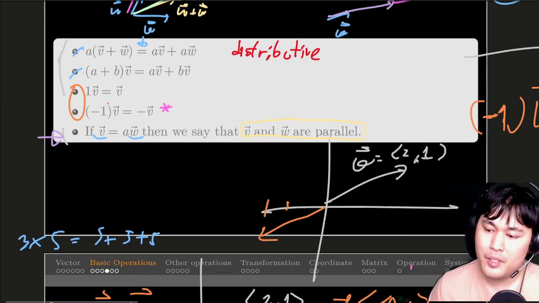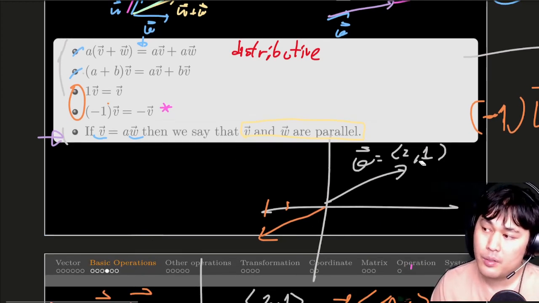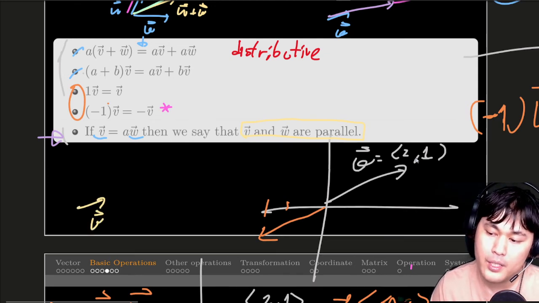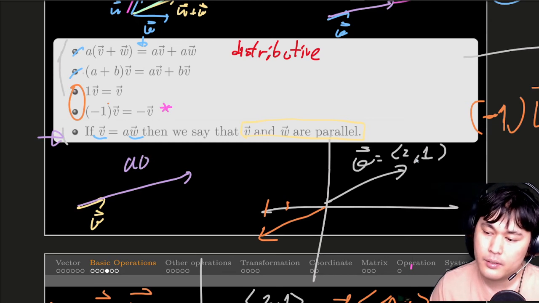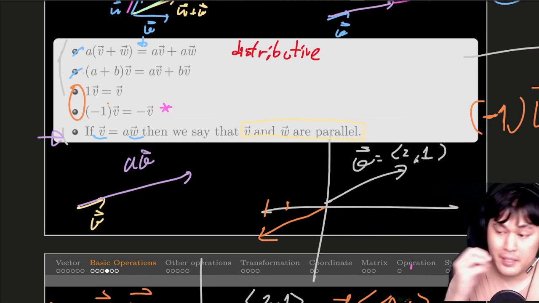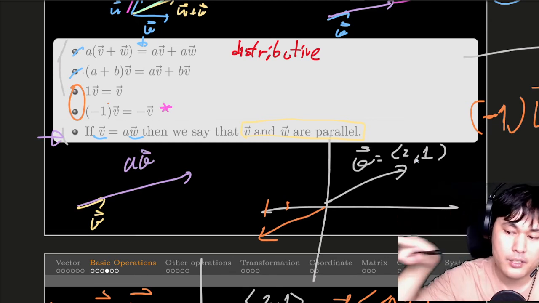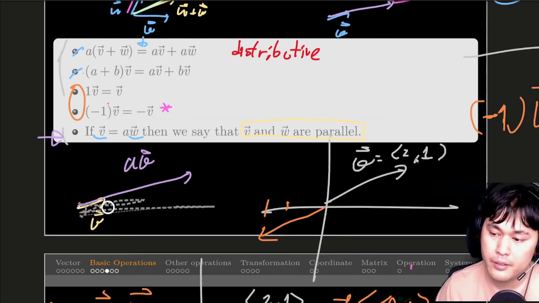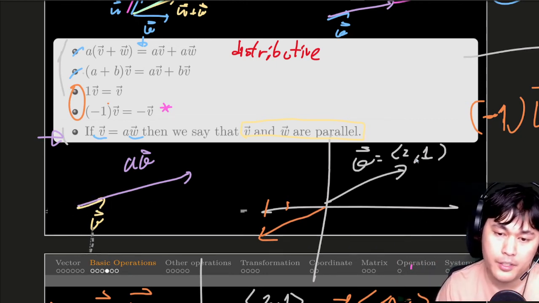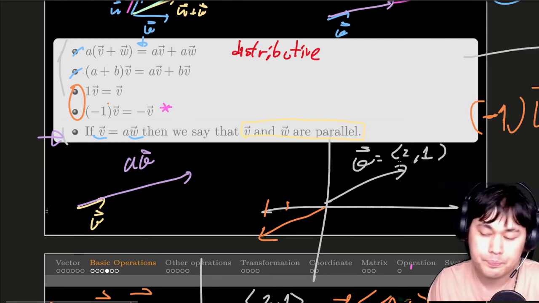This makes sense, right? If you start from v and scale it up by any factor, they still point in the same direction, because we scale both the horizontal and vertical aspects.